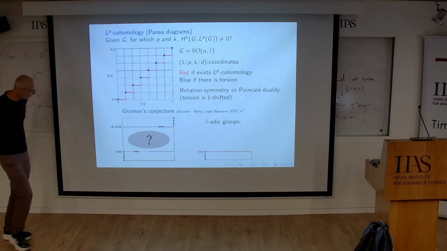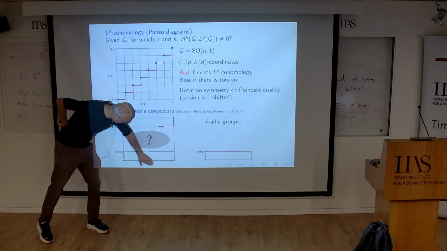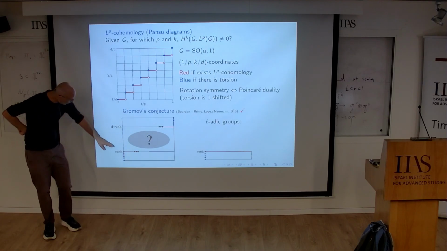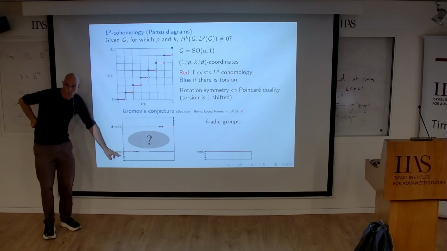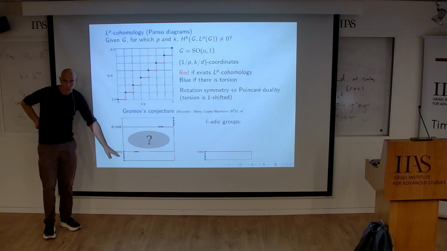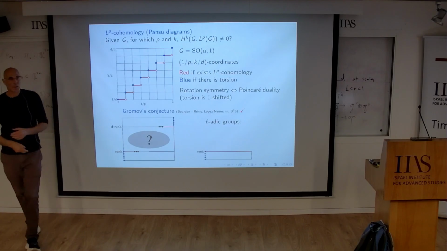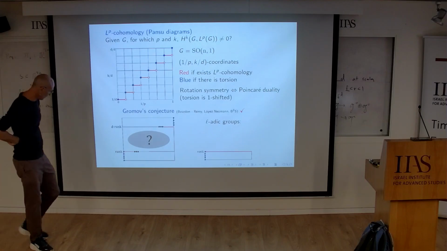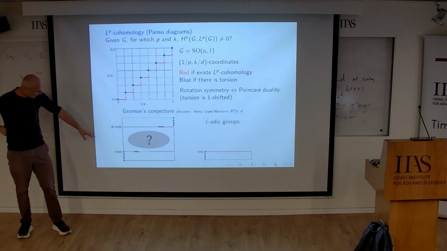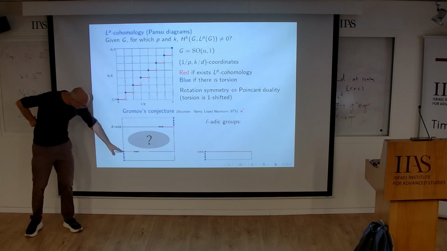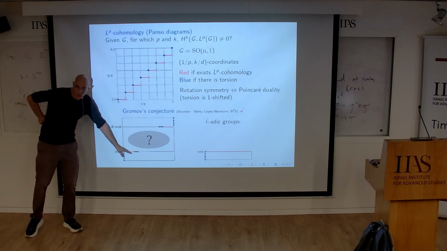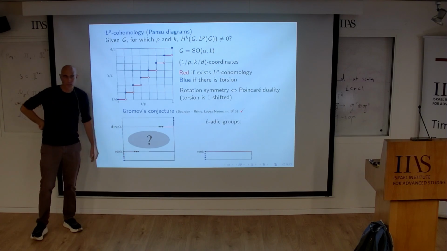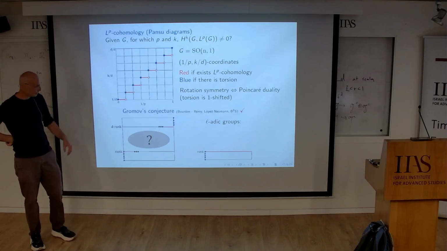What he conjectured is what happens on the edges of this square. So below the rank, we are not supposed to see cohomology. That's somehow in line with the higher property T phenomena that I'm highlighting here. And at the rank, we will have cohomology for a certain range of p.